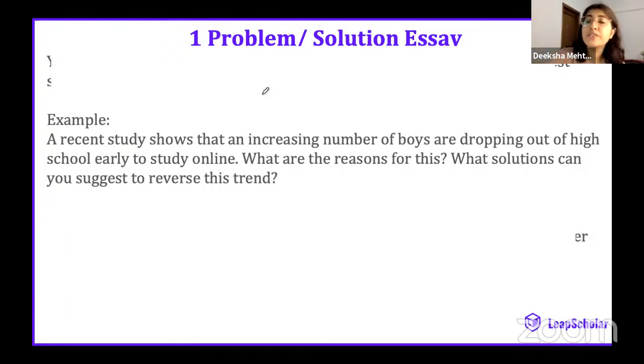So a recent question that was asked in IELTS that a student told me, I'll share it with you, was, so what was the question? I've forgotten that question.